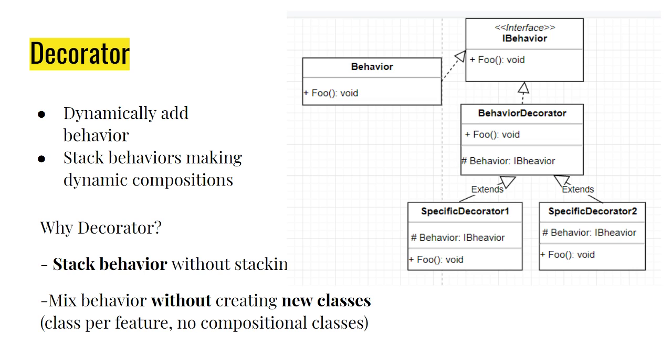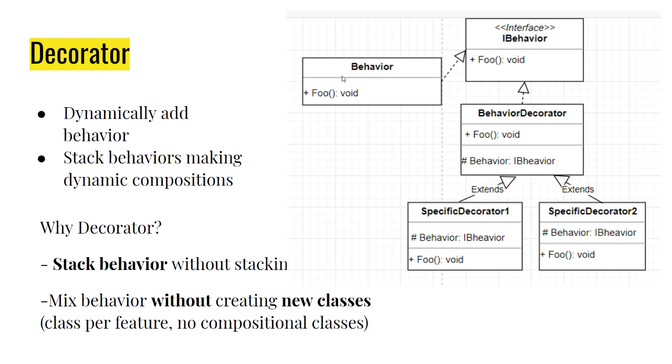So, for example, we can see this class diagram, right? So this is a behavior. This is just another class. It doesn't mean much. We can even wrap it if it doesn't derive from some interface. It doesn't matter. But this is a behavior. And this is a decorator which implements this behavior.